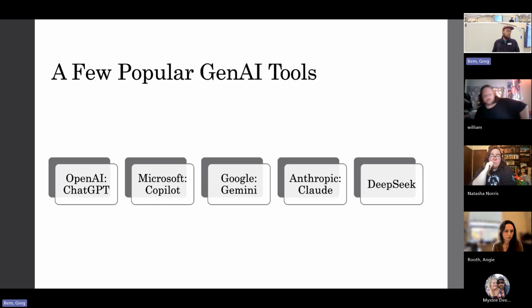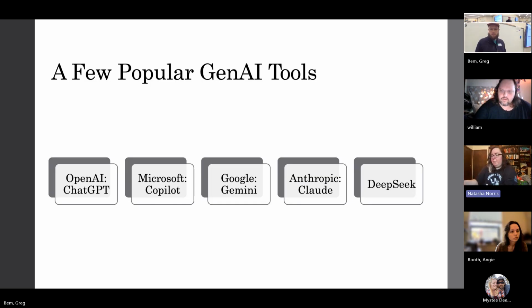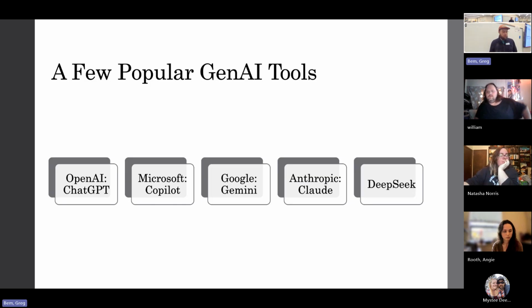Any other folks? Have you seen these? Used them maybe? I use ChatGPT a lot. Yep, that's probably the most popular. I was going to say I use ChatGPT quite regularly to help me proofread my homework.